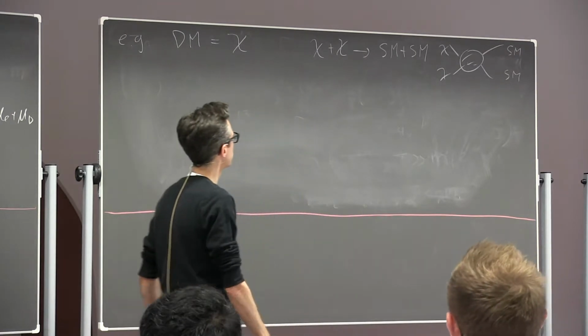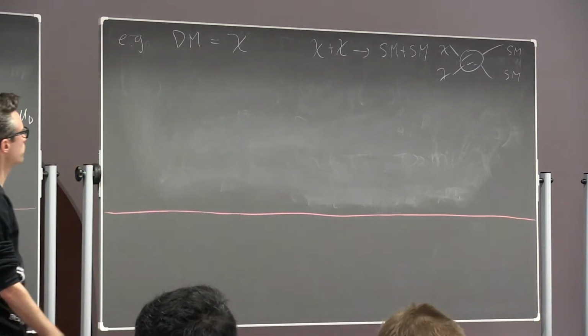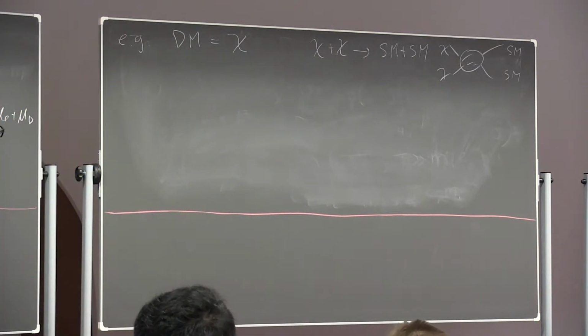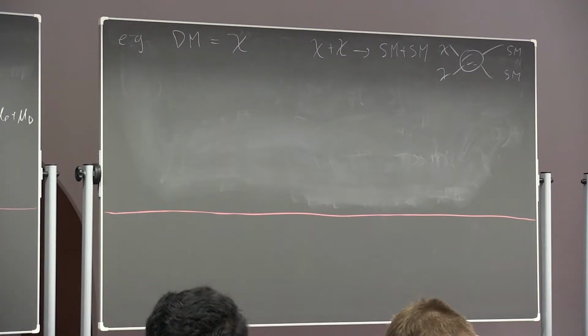Now, the way we describe deviations from equilibrium is through what are called Boltzmann equations. As long as I have kinetic equilibrium, I can write my Boltzmann equations. My Boltzmann equations can be reduced to, if you like, differential equations for the evolution of number densities.